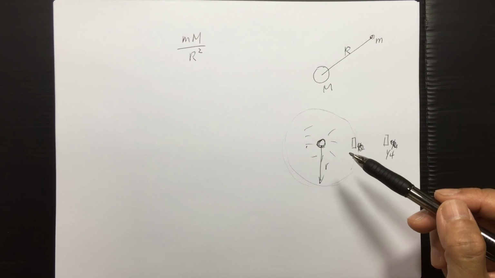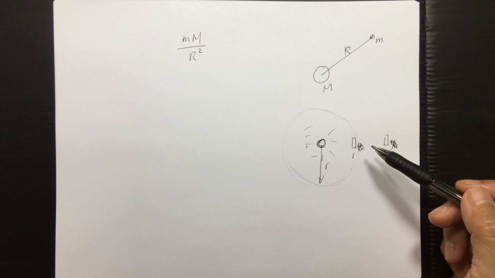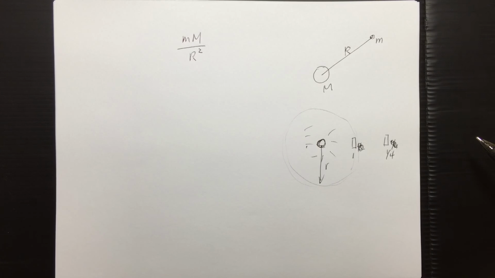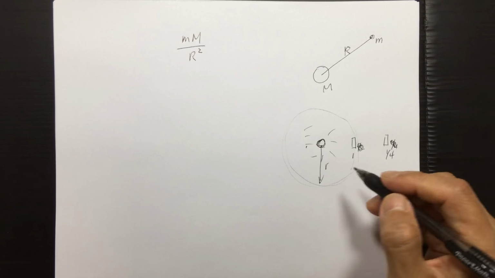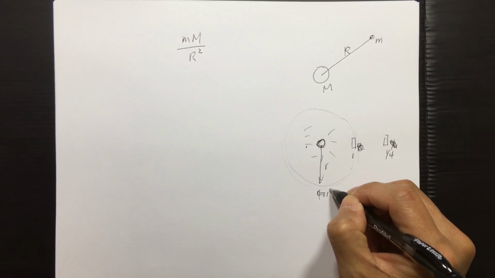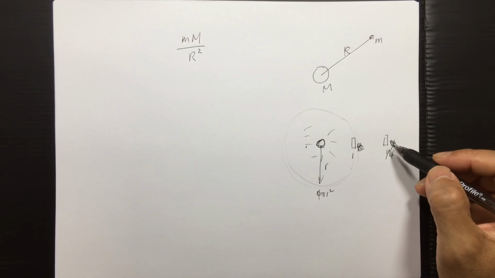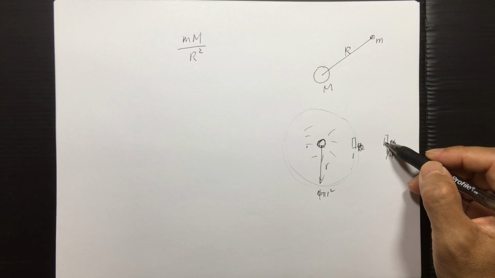Cheat sheet. 4 pi r squared. Yeah, 4 pi r squared. And now let's say this is 2r.